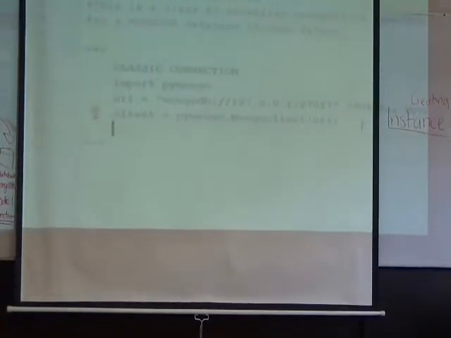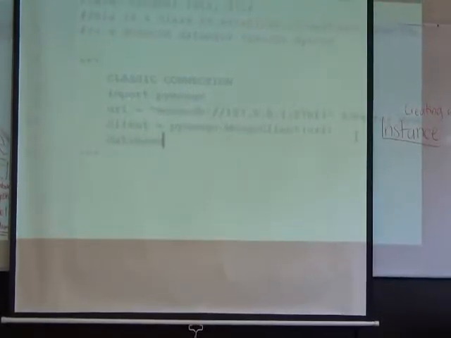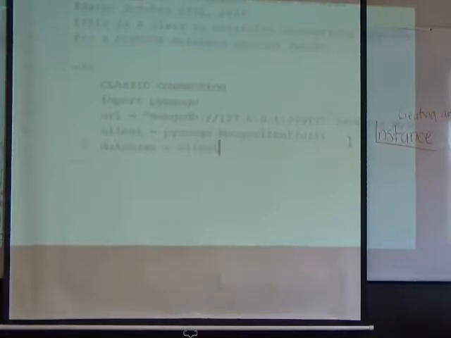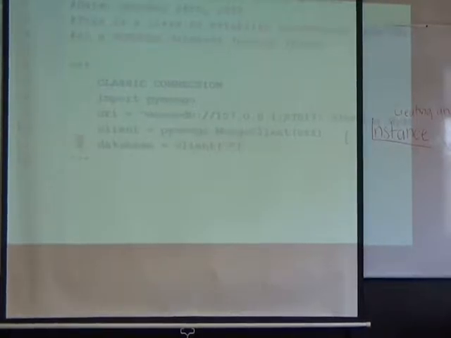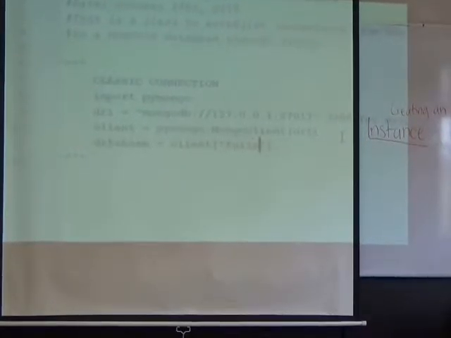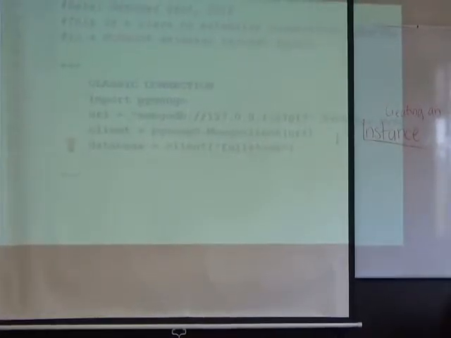Then what I need is the database, and the database will be client, and our default database in Mongo in localhost. Do you remember the name? Full stack. Full stack. Very good. Full stack, and then the collection.